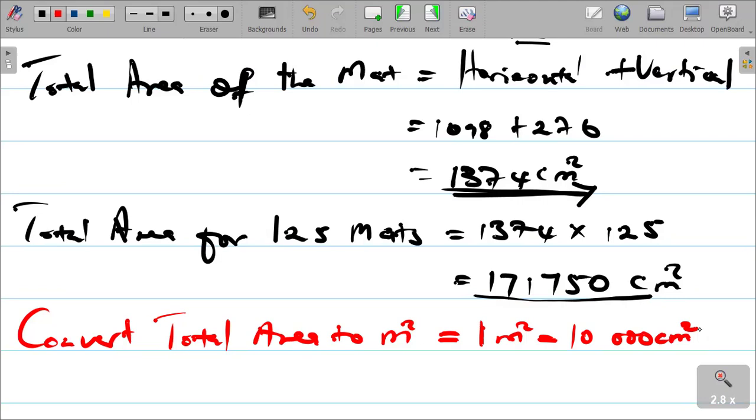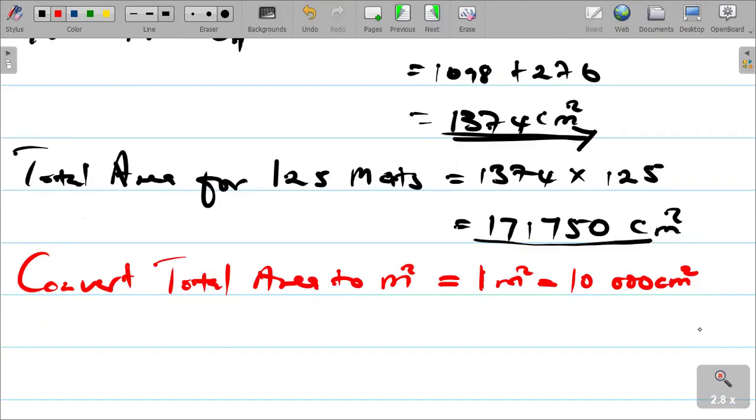So in order for us to convert it to square meters, we are going to divide our answer, 171,750, by 10,000.